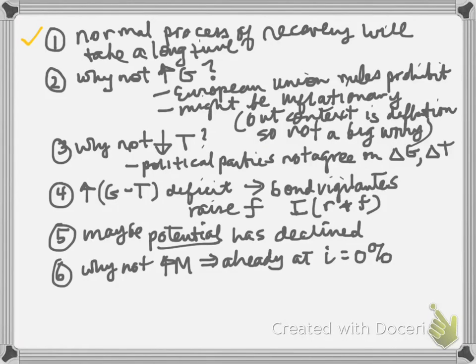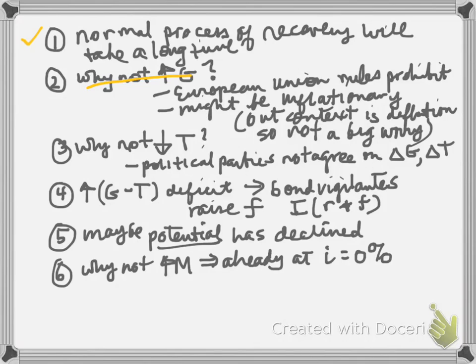So second thing we might think about is why not increase government spending? Why not increase government programs to provide jobs directly? The problem is there's a lot of unemployment, and so why not have the government directly employ people through construction projects, through projects like reducing class size and hiring a lot more teachers, all those kinds of government projects, provisions of public goods that might be possible.